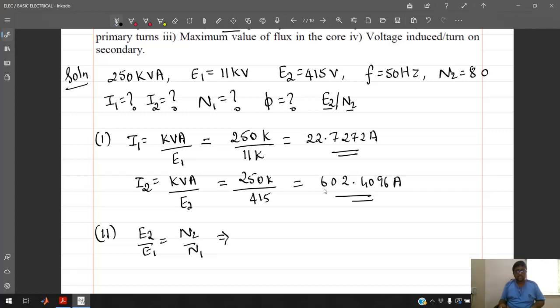That implies 415 divided by 11 kilovolt is equal to N2, which is 80, divided by N1. If you solve this, you will get 2120.4819, which is roughly equal to 2121 turns at the primary side.